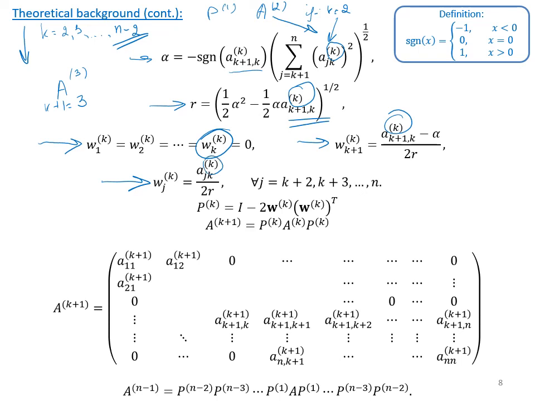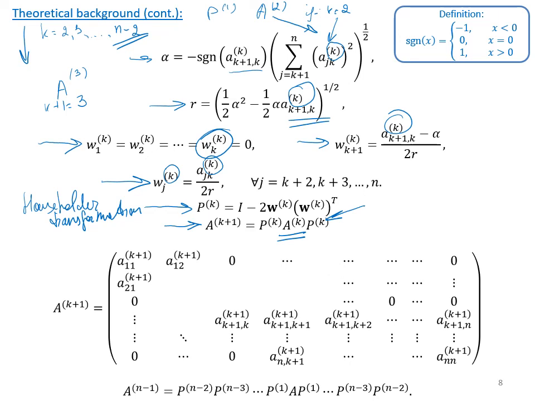And just remember, every time you use the matrix A from the previous iteration and compute the Householder transformation at every step, your final matrix A k plus 1 will be the product of the Householder transformation Pk multiplied by Ak, not the original matrix, and again multiplied by the Householder transformation from the previous iteration. We use the kth iteration here in order to compute the k plus 1 iteration.